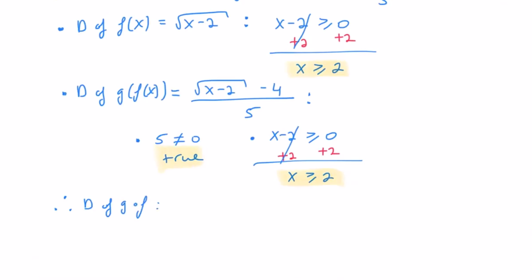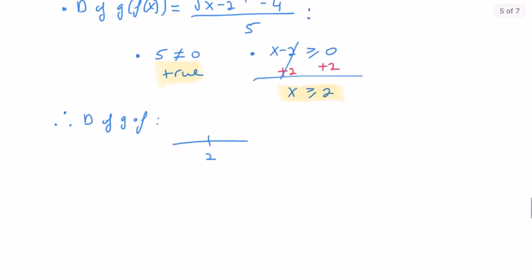So the first step and the second step both have the restriction that x needs to be greater than or equal to 2. So draw ourselves a number line with the 2. x needs to be greater than or equal to 2, so the arrow is heading toward the right. There is an equal sign, so we have the bracket. So this is bracket 2 to infinity.